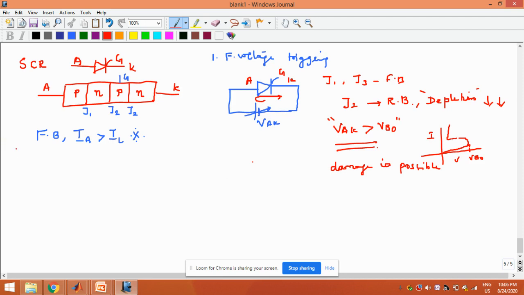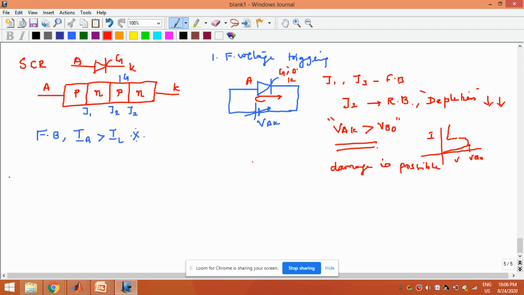So in forward voltage triggering, this is a straightforward method of increasing your anode to cathode voltage without application of any gate. Here gate current can be zero, right? Gate voltage is also zero. So when you keep on increasing this VAK, that is called forward voltage triggering.